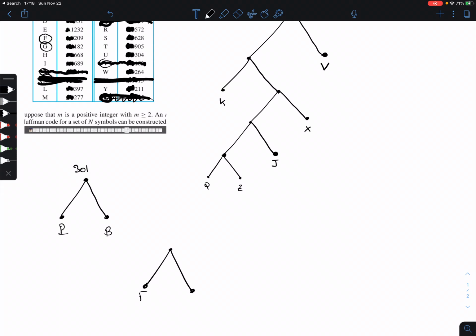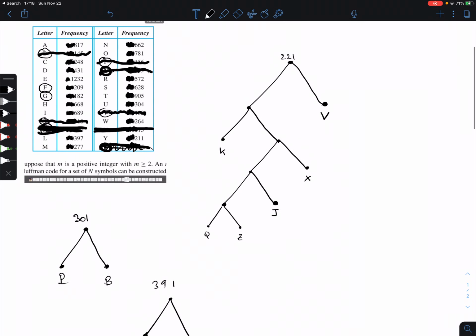F is slightly more frequent than G, so this will add up to 139,391. Good. So let's get those out of our list. What do we have? C still is there. Y wants to be part of the game.